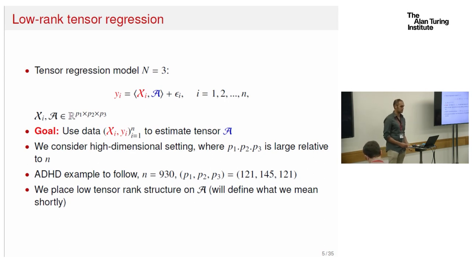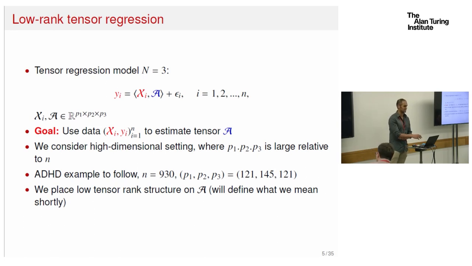So we can imagine that our parameter of interest is an order 3 tensor, and then we take an inner product of that with an order 3 tensor for the covariates. You can imagine that being a 3D image or any other kind of order 3 feature that you have. And then your response, or output, is a y, and your goal is the very standard statistical goal of using your data to estimate this tensor A.